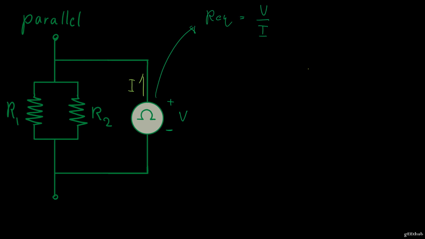What I'm going to say is that this entire node has the same potential energy, right? Why? Because in this node there are no resistive elements, no load consumption elements. So my V has to be V everywhere.